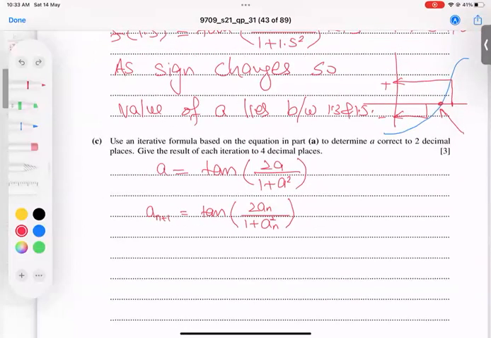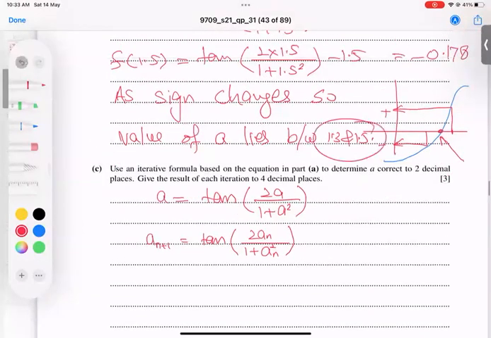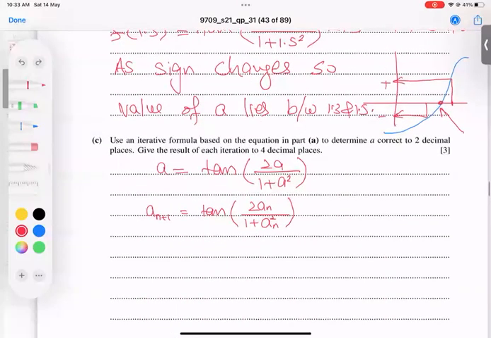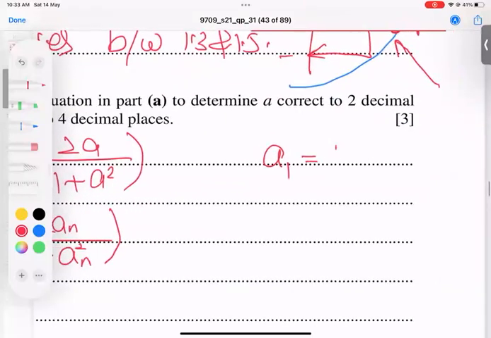Now, because the initial value is not given here, when the initial value is not given, we will take the average of these two numbers, because we know that the root lies between these two numbers, the answers of a. So the initial value, a1, is equal to 1.3 plus 1.5 divided by 2. So a1 becomes 1.4.